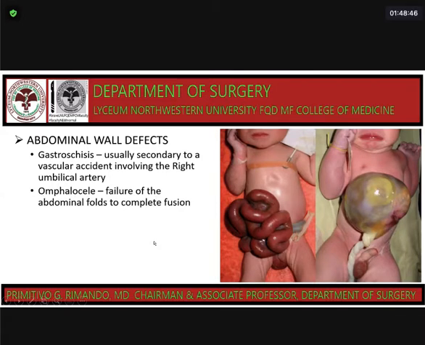You remember earlier when I said the abdominal wall is completed by the lateral folding. From the paravertebral, it closes like that. You also have caudal and cranial folding. So if it does not complete, you just have a thin membrane covering your abdomen.